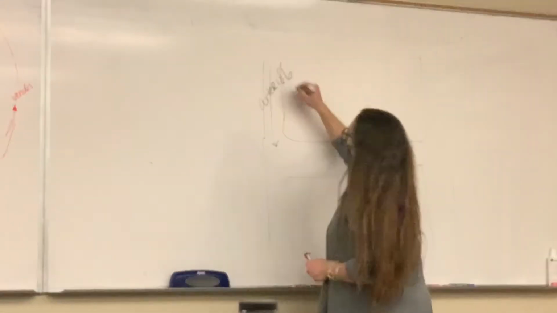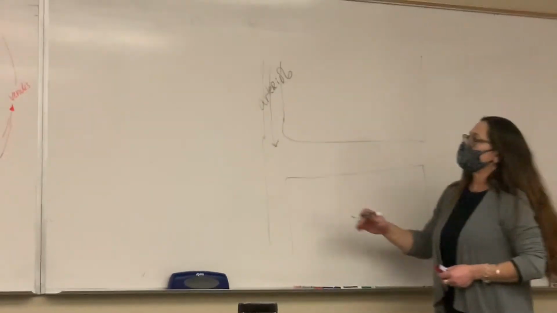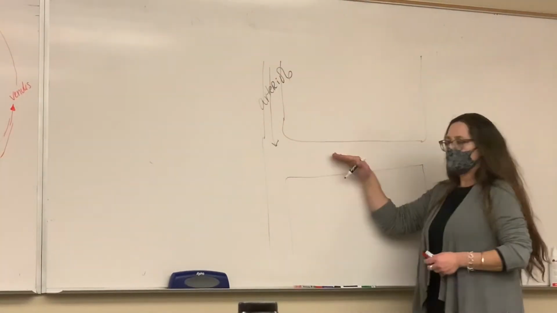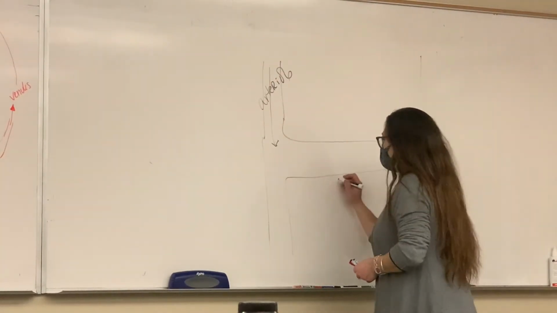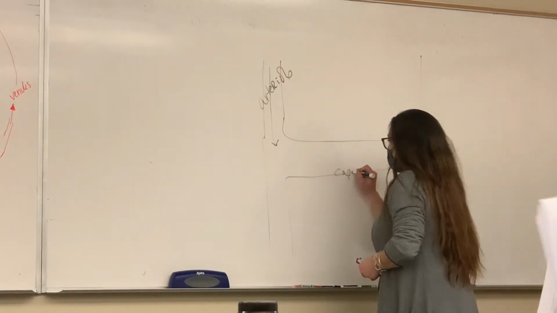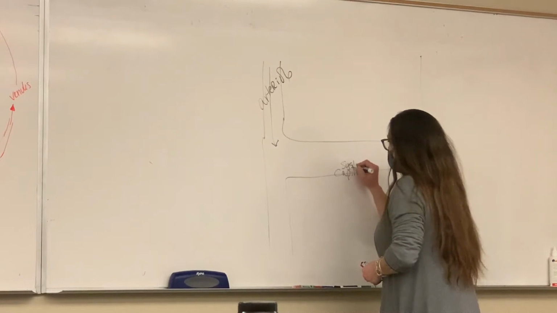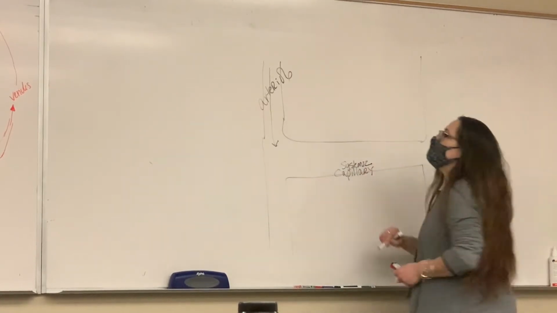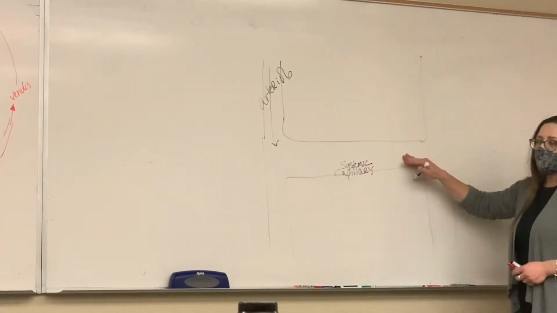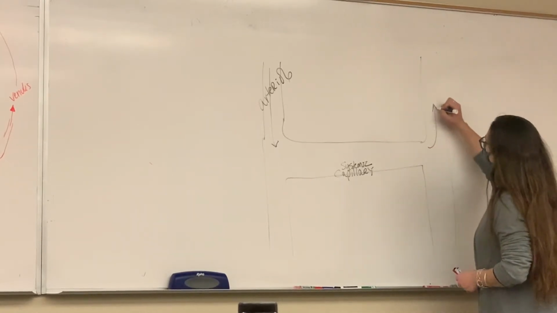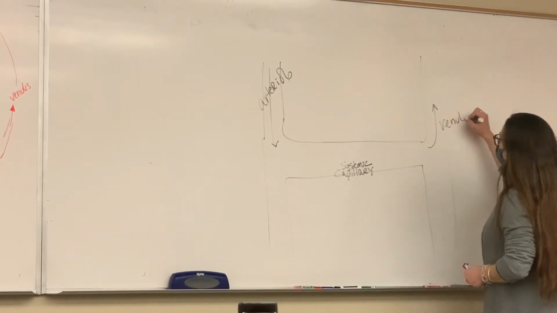And this would be just a regular old systemic capillary. Okay, the arterial would bring blood into the capillary, and this was our capillary here. And then this would be a systemic capillary. And then blood would leave that systemic capillary and go into a venule.